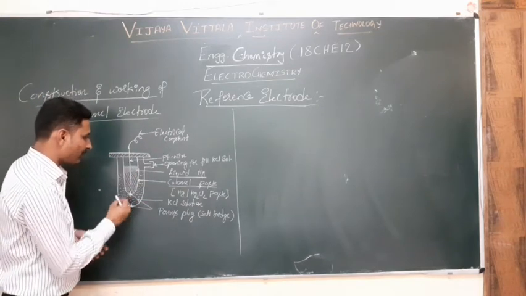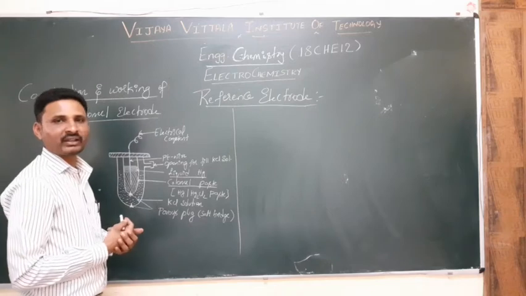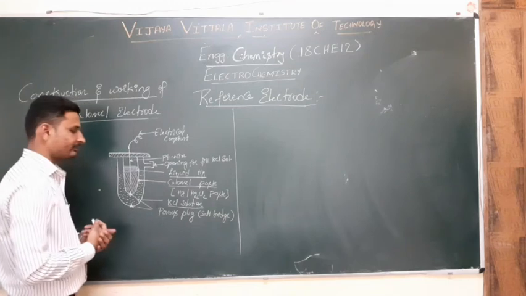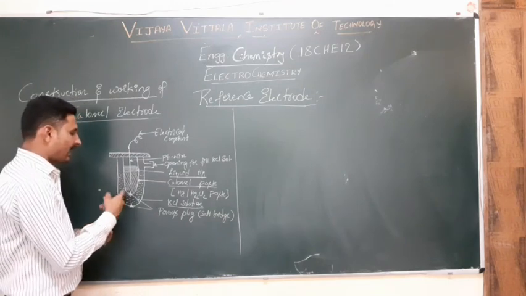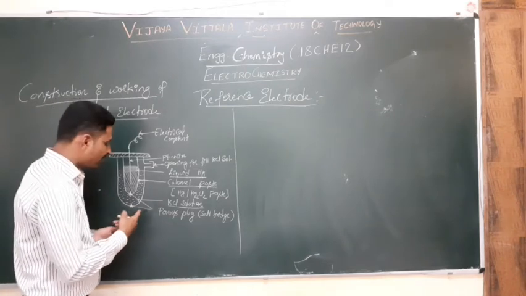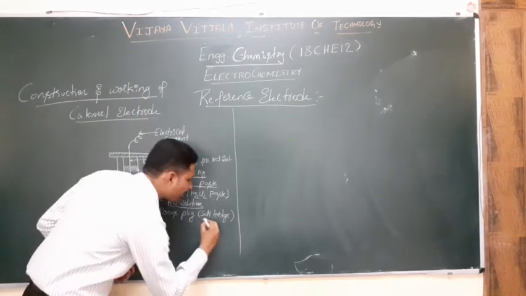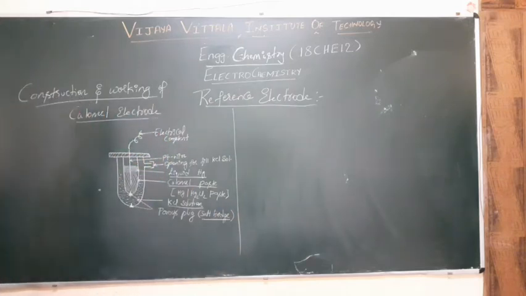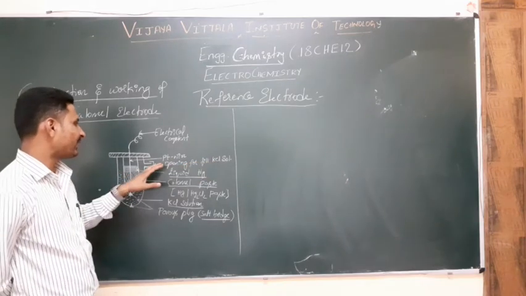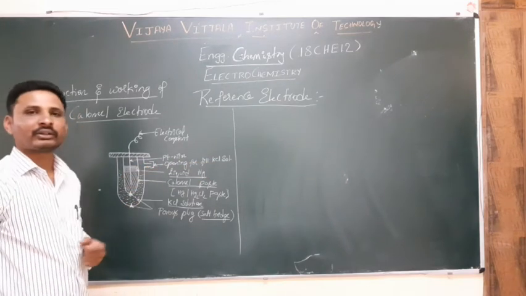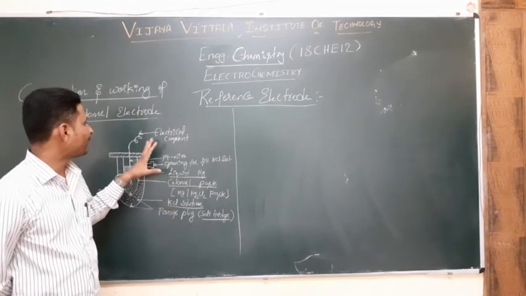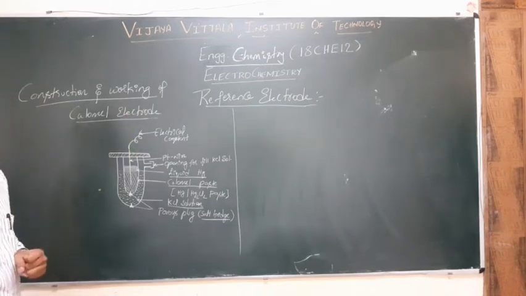That is also a narrow shaped outer glass tube, and it contains KCl solution and has a porous plug at the bottom end of the outer glass tube. So that acts as a salt bridge. And there is an opening for filling KCl solution into the outer glass tube. So this is how the Calomel electrode is constructed.